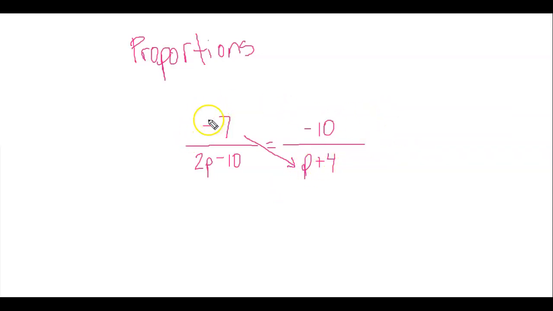And then when I multiply the other side by it, I end up having to multiply the numerator by p plus 4. And when I'm doing the cross multiplication up here, I'm just multiplying by this denominator. When I multiply this side by 2p minus 10, it cancels out. But then when I multiply by 2p minus 10 over here, I end up having to multiply this side. So we're still sticking to that rule that we are just multiplying by the LCM of the denominators.